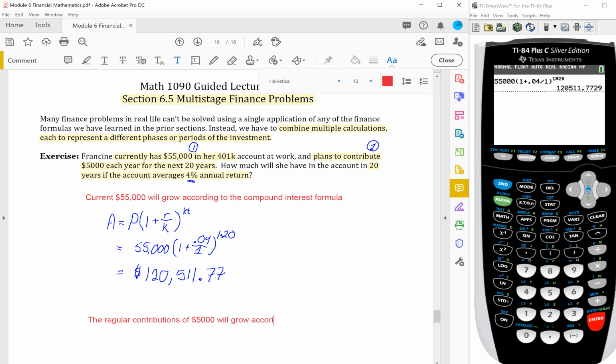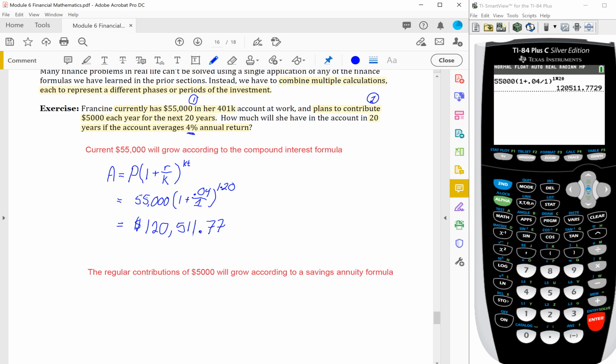And this is going to grow according to a savings annuity formula. She's making that consistent deposit of $5,000 every year for 20 years. So it's a savings annuity problem.